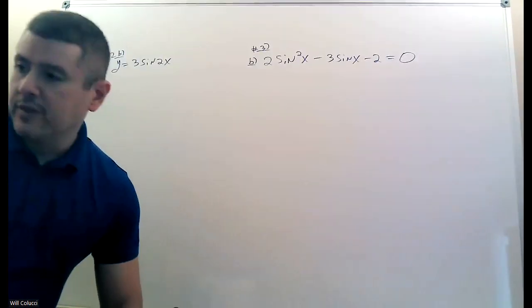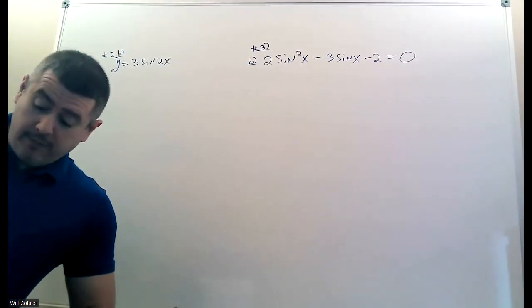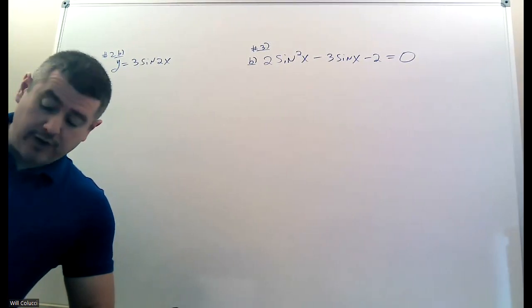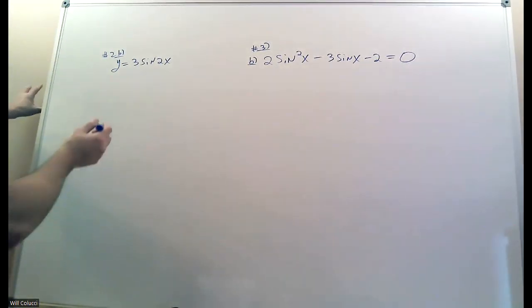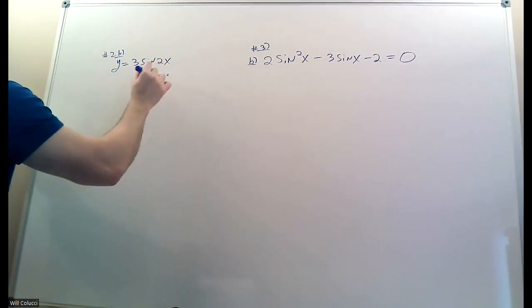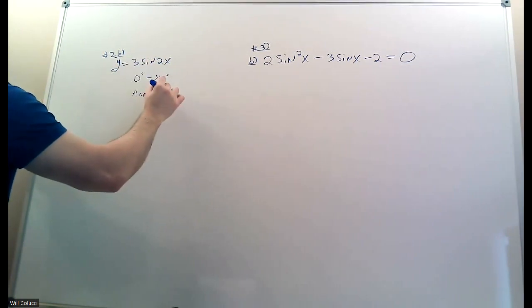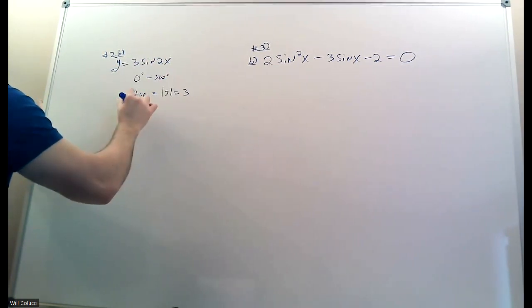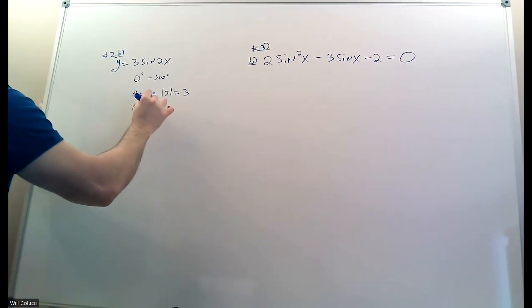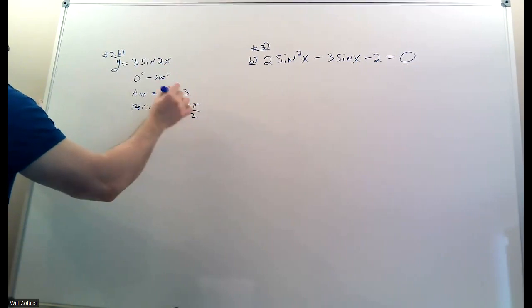Shouldn't get it wrong. All right, so I decided to do the trig things together. One of them is to make the picture, which there's a video on that, but I'll do this one anyway. I mean, this is pretty simple. You have to draw it from 0 to 360. So before you even do anything, you should write the amplitude, right, which is the absolute value of 3, which is 3. You should write the period, which is 2 pi over b, right?